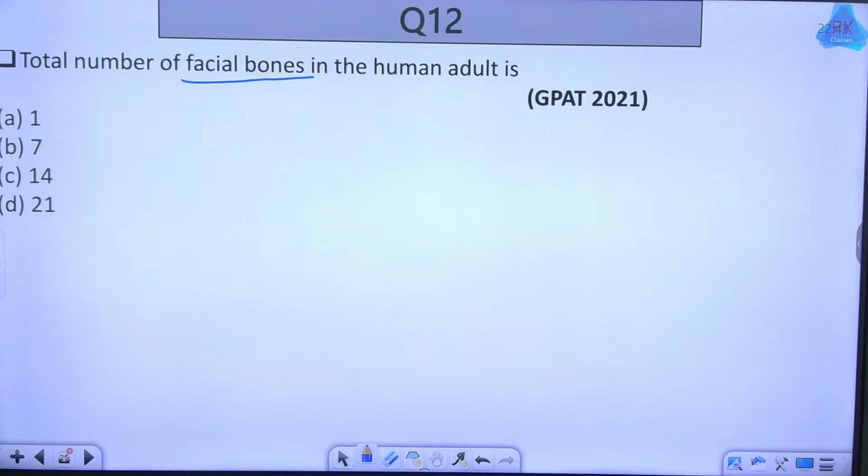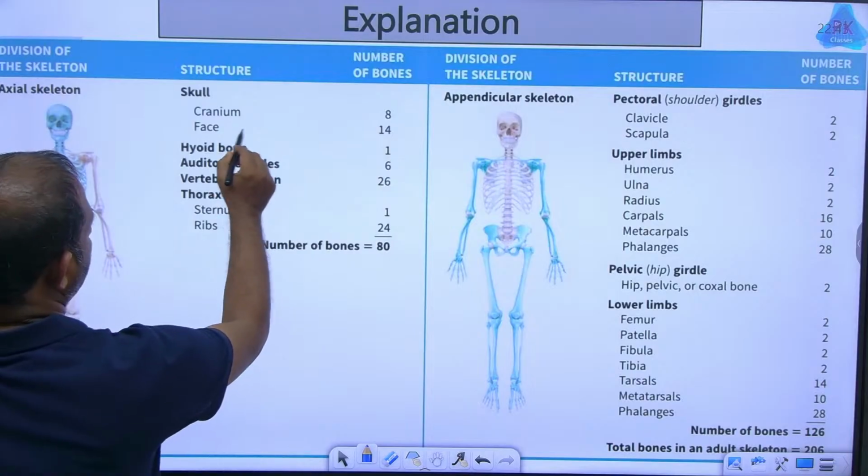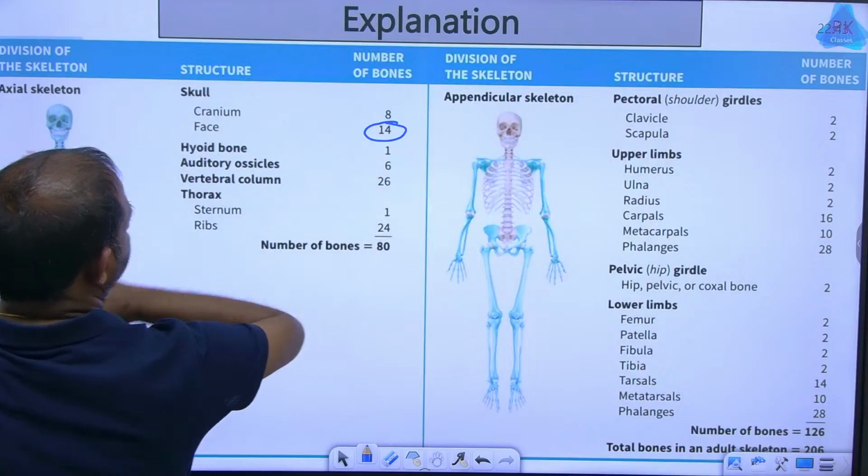Yeah. So here it is 14. 14 will be the facial bones. Again the same, in the face you have the number 14.